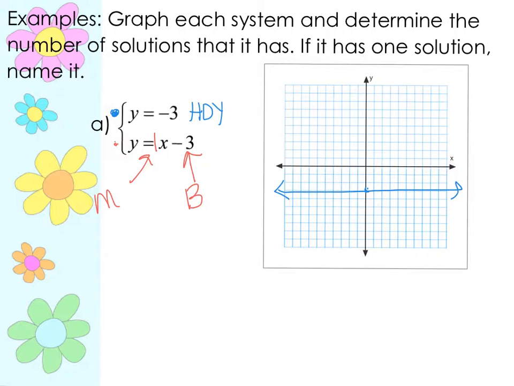But remember, our slope has to be a fraction. So if it's not a fraction, put it over 1. So let's graph. I'm beginning at negative 3. Again, always on the y-axis, unless it's an x equals equation. And we actually won't see any of those today for our practice.